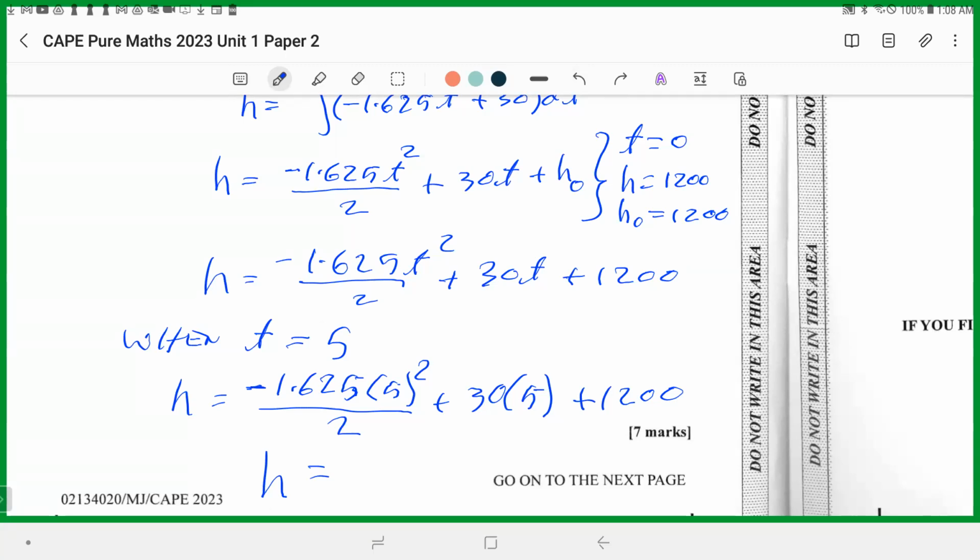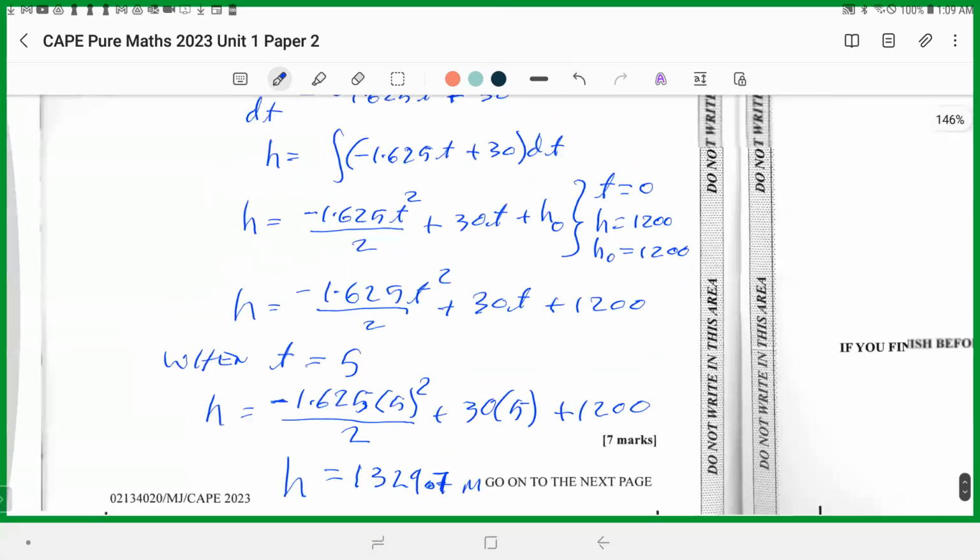And then I'm going to subtract this calculation, which is 1.625 times 25, 5 squared is 25, divided by 2. Equals, I'm getting 1329.7 meters. That's my other answer right here.